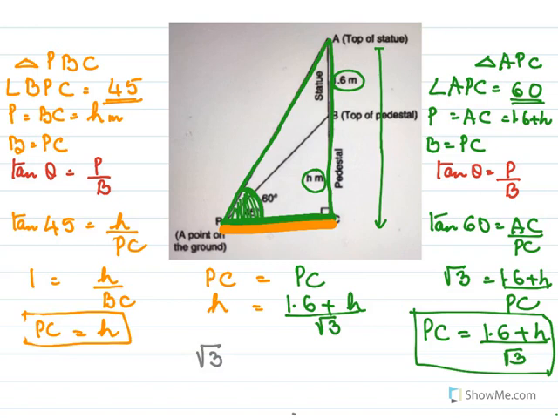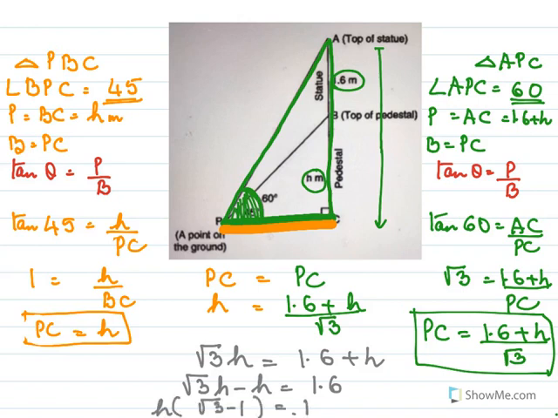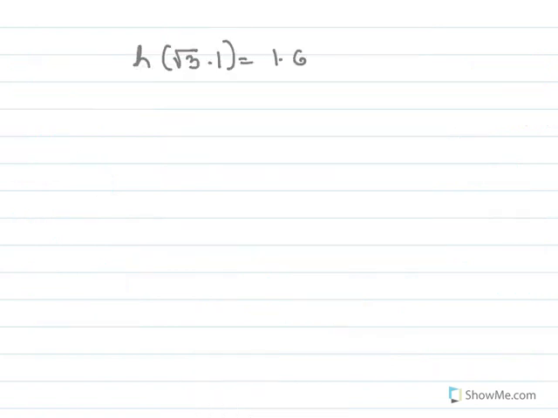Now I just have to cross multiply and find the value of H. So this is root 3 H equal to 1.6 plus H. I take all the H terms together, root 3 H minus H equal to 1.6. Now I'll take H common out. So H times root 3 minus 1 equal to 1.6. Here we have, so our H is 1.6 over root 3 minus 1.